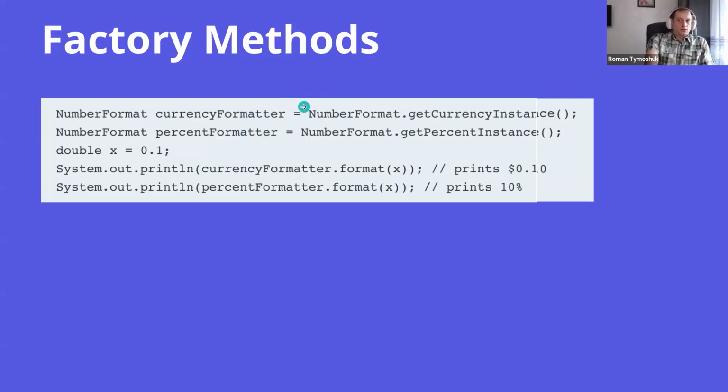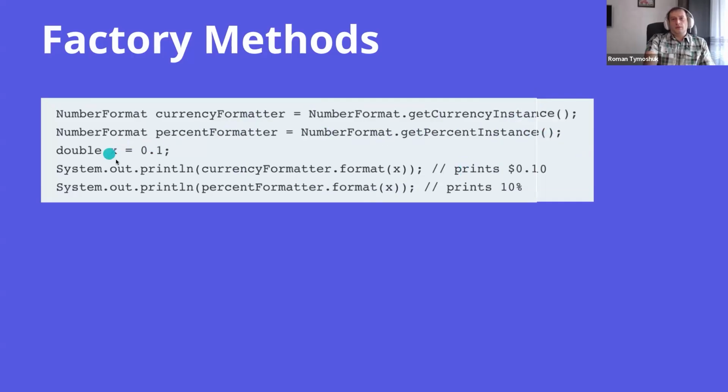Under the hood of this static method implementation, you can find the creation of the object, providing some static strings and patterns. But nevertheless, to not overcomplicate and to reuse this logic, we can define the static method and call it from the external world. It's quite common.